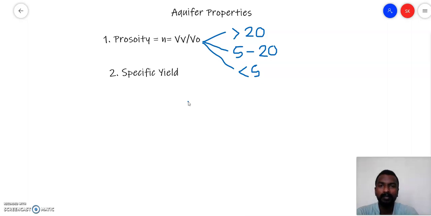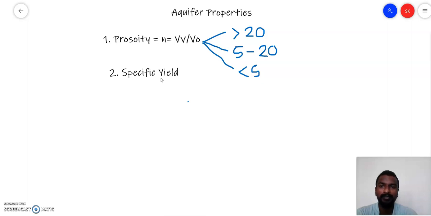Now this entire water we can't extract from this porous medium. What we can get through gravity is limited, because some amount of water will be held back in the pore spaces, and not the entire volume will be available to extract from the aquifer. So whatever water we can extract from the aquifer is called specific yield.